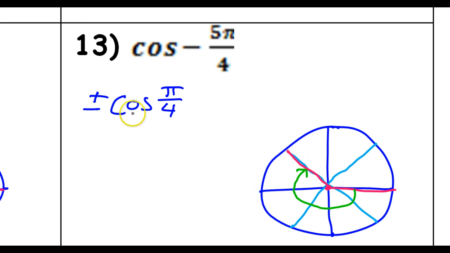So is cosine positive or negative in this quadrant? Well, remember that cosine is an x value on the unit circle, and x values are negative to the left of the y-axis. So we will need the negative sign on this. So what is the cosine of pi over 4 though?